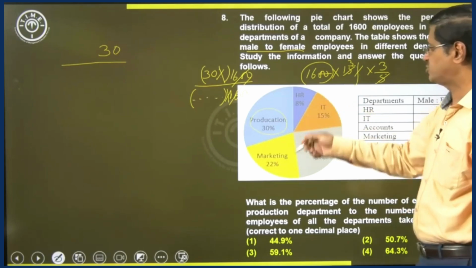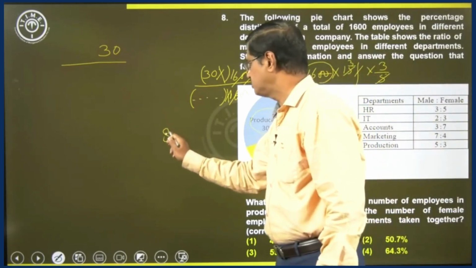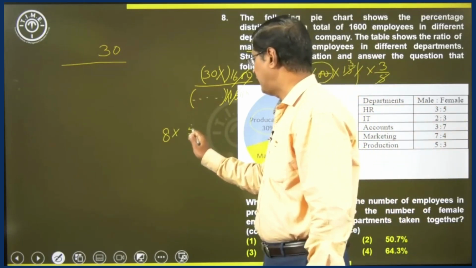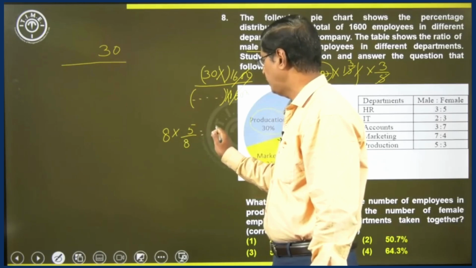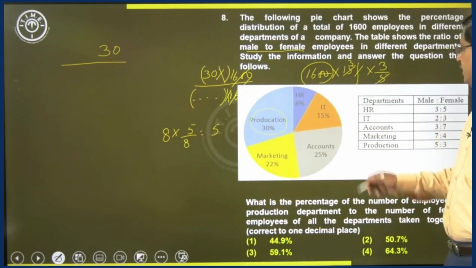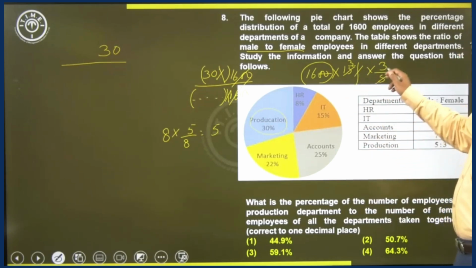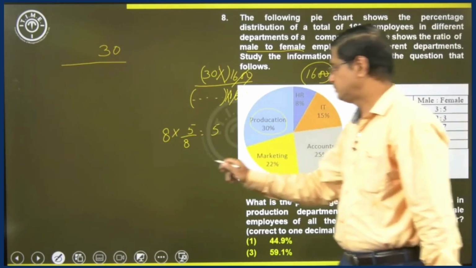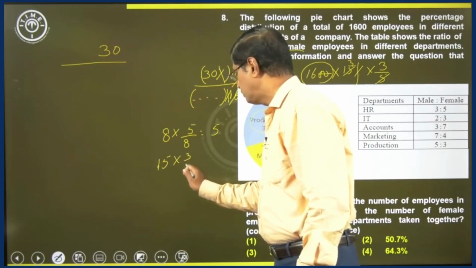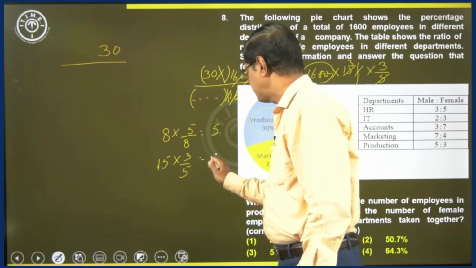Let's start with the HR. HR 8%, in that females 5 by 8. Simplify, you will get 5. Similarly, IT, how much? 15 into 3 by 5. Now the result is 9.